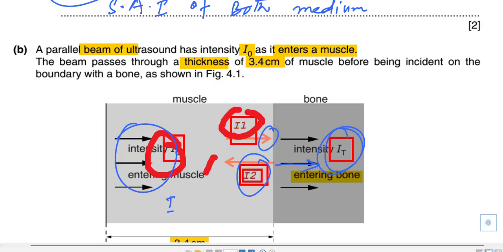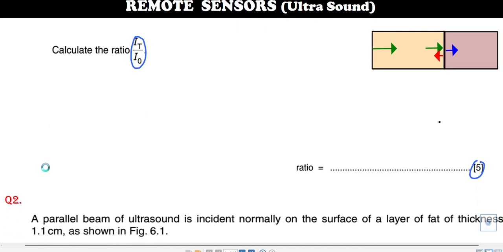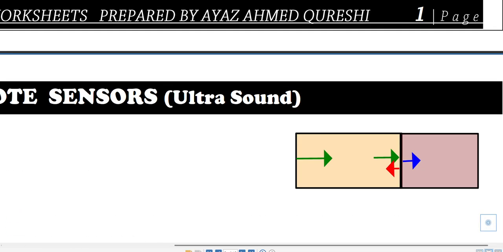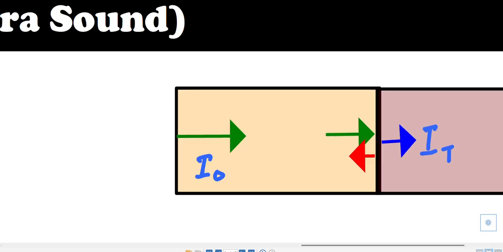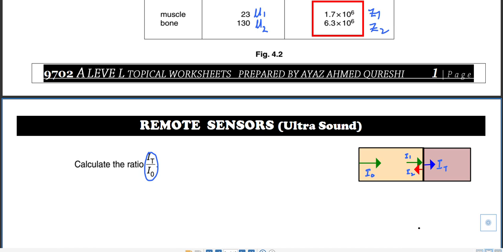So IT is that which is entering in the bone, and I naught is that which is entering in the muscles. So I have to calculate that all. So let me write this here. This is your I naught, this is your IT, but in between, let's say this is your I1, this is your I2, and now I will be moving towards the solution of this question.